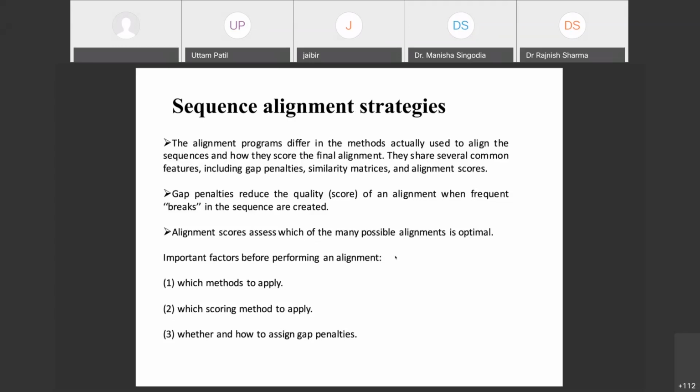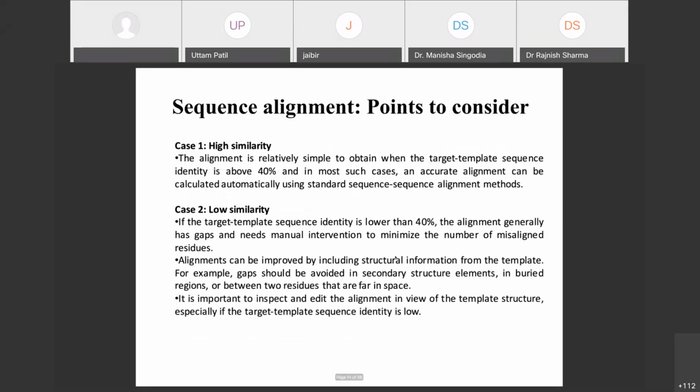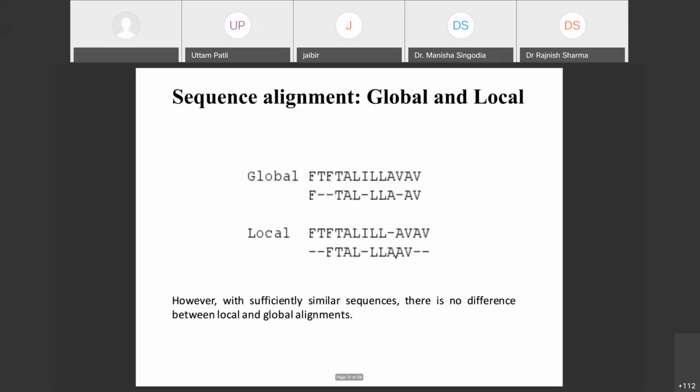What we do is there are certain penalties which are called gap penalties. Gap penalties are penalties for creating gaps. So one possible solution to reduce this creation of gaps is to put a gap penalty for the alignment.